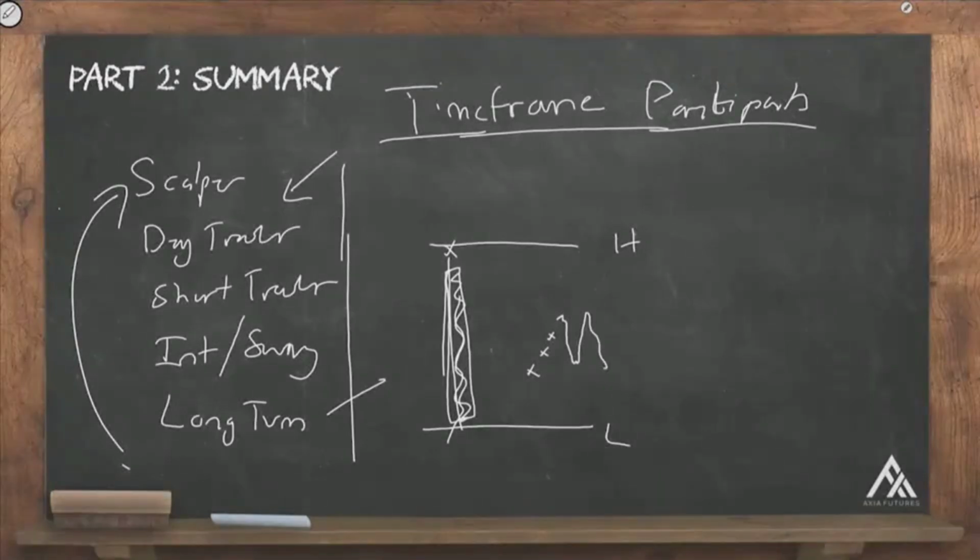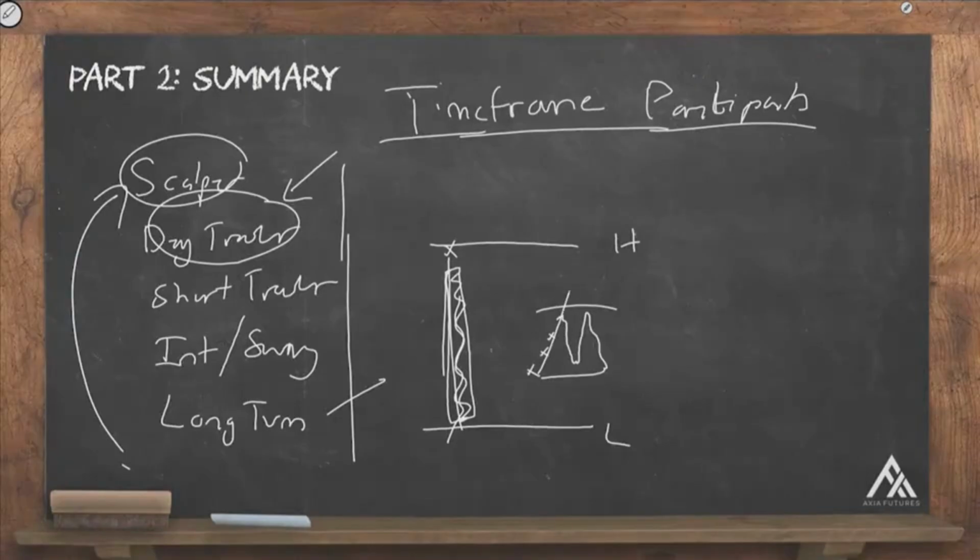Now, when the market's sitting inside the previous day's range, it's most likely that all the activity that you're seeing is very much the scalper and maybe the day trader. Okay, and the reason for this is that scalpers, remember, they tend to provide liquidity. So their job is to take the market to a point where a liquidity user can step into the market. So that's why we would most likely in this example see a scalper and a day trader.